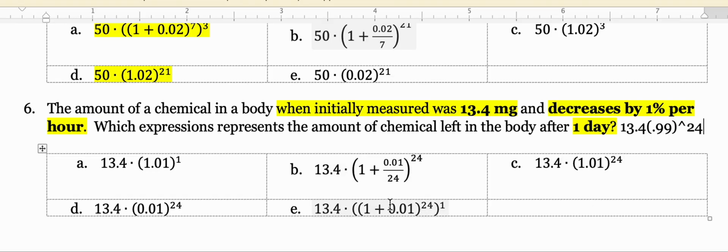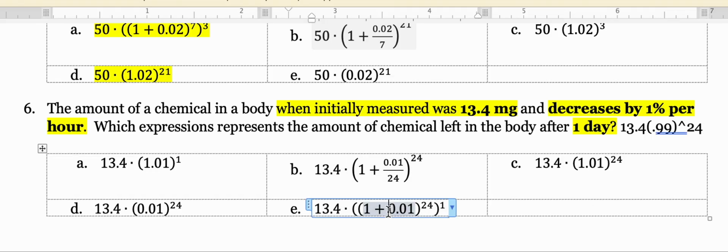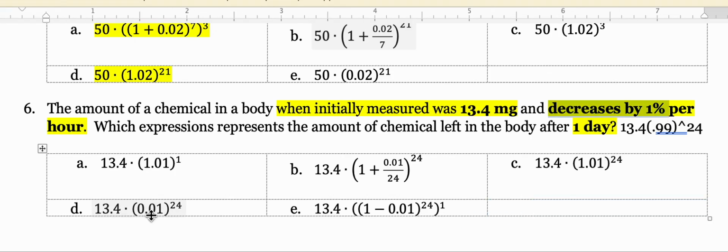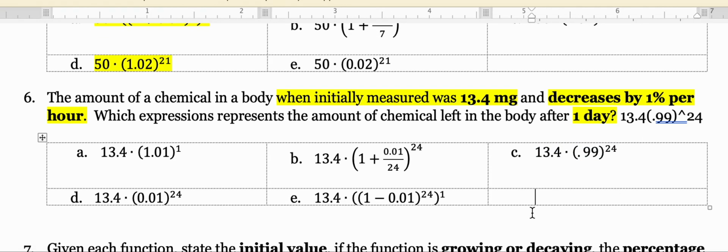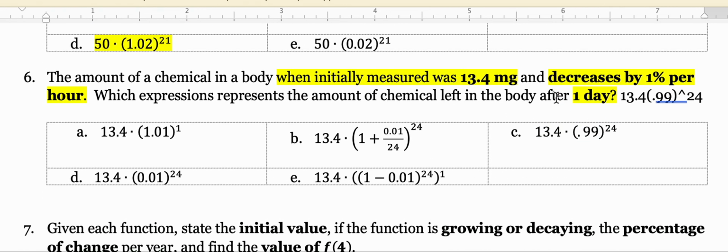It should be 1 minus, because it's decreasing. And this should also be 0.99. I'm going to fix that in our stuff as well. Okay, it should not be adding because it's decreasing.